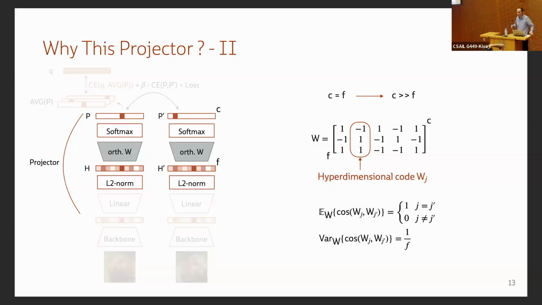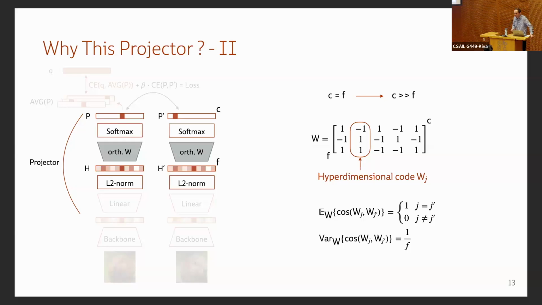So on average, these vectors are orthogonal. But if you consider the variance of this cosine similarity, it is equal to 1 over the dimensionality of our embedding. And so that means that if we have a large enough space here, the variance goes to 0 quickly, and so basically we recover the notion of orthogonality.